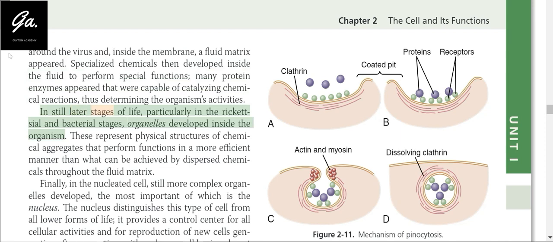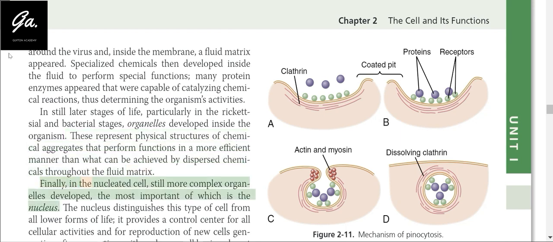In still later stages of life, particularly in the rickettsial and bacterial stages, organelles developed inside the organism. These represent physical structures of chemical aggregates that perform functions in a more efficient manner than what can be achieved by dispersed chemicals throughout the fluid matrix.